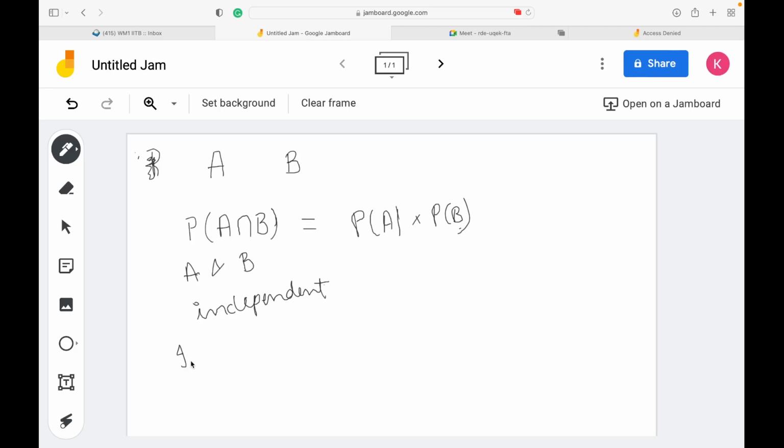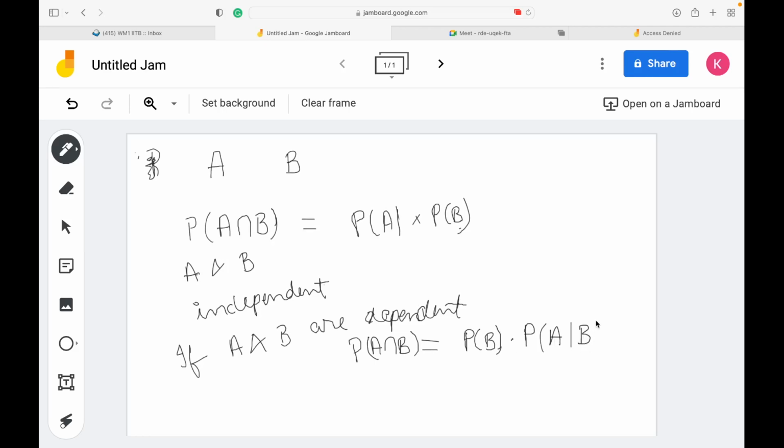If A and B are dependent on each other, like if the occurrence of B will depend on the occurrence of A, then the probability of A intersection B, that both events will occur simultaneously, will be PB into the probability of A given that event B has occurred.